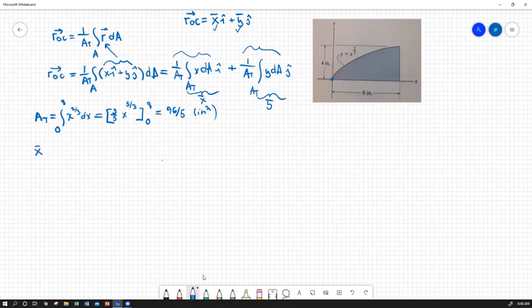So we're going to figure out where, gets easier. I'm going to do the strip method here, because to get x bar, I'm going to need to integrate with respect to x. Speaking of which, before I do that, I'm going to define a dA. We can do this any one of 2 or 3 ways.